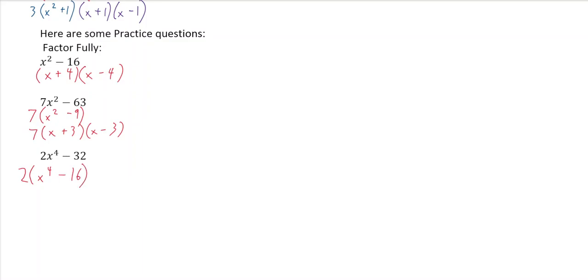Okay, now we can simplify this, so we get x squared plus 4 and x squared minus 4. Now you'll notice that the first part, really we can't do anything. But the second part, oh boy, we can do it again. X plus 2 and x minus 2. And that's our final answer.